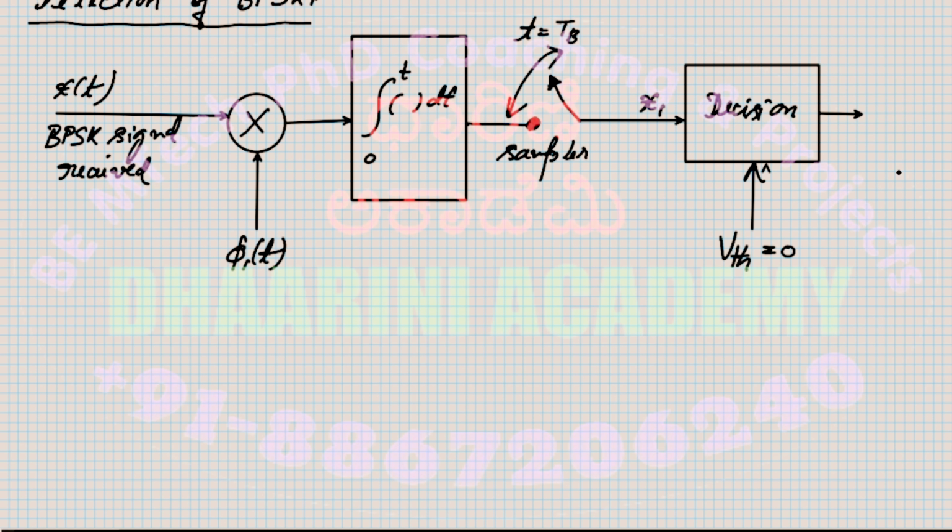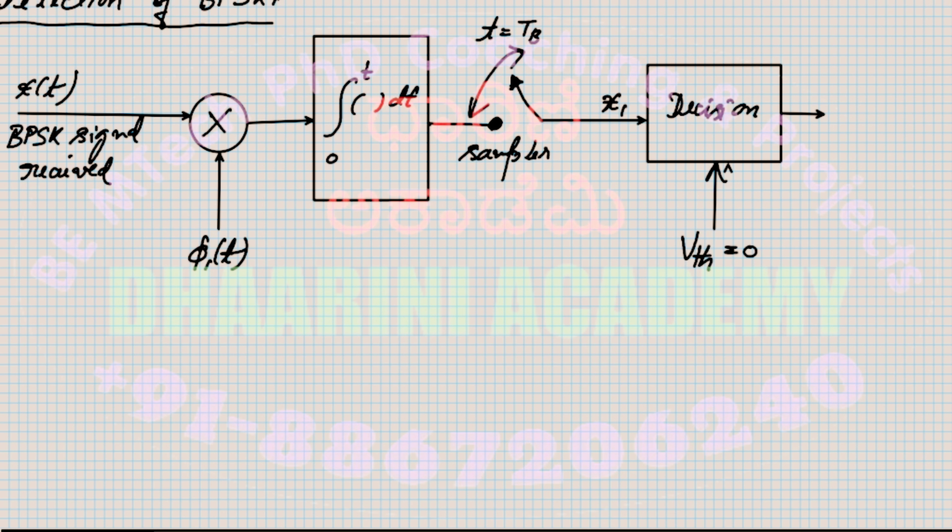This is how you decide. The output is equal to 1 if x1 is greater than V threshold, and 0 if x1 is lesser than V threshold.